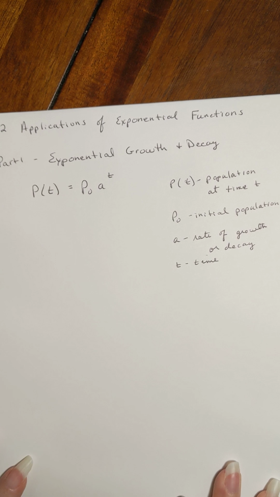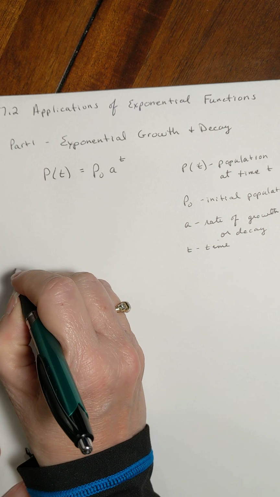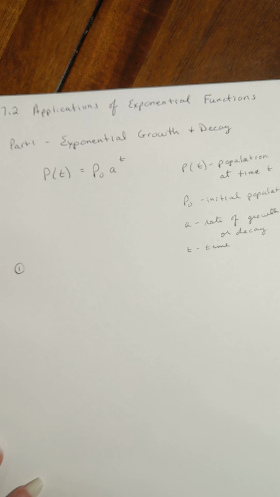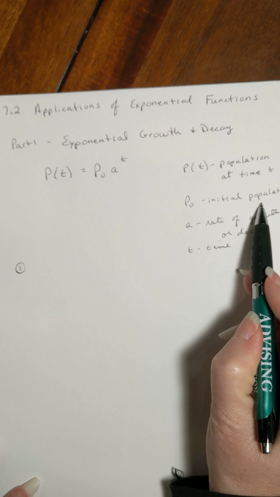So let's look at an example so you can see what we're talking about. It says, a biologist is culturing bacteria in a petri dish. She starts with 1,000 bacteria. All right, so that would be the initial population.